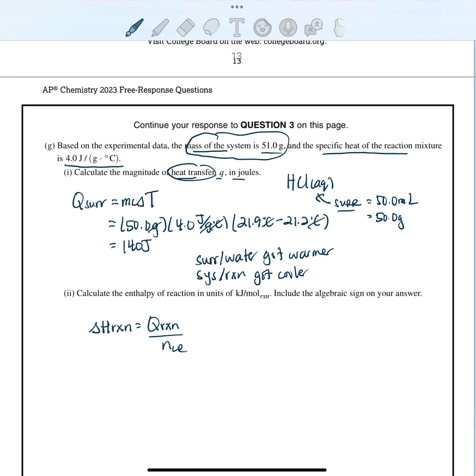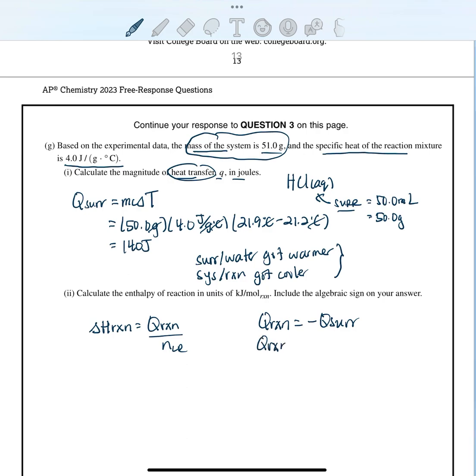I already wrote down the formula I need. Enthalpy of reaction, delta H rxn, equals Q of reaction divided by the moles of the limiting reactant. Let's do some work on the side. How do I find Qrxn? That's not too difficult because I already solved Q surroundings. Qrxn equals negative Q of the surroundings, because if the surroundings gained energy, the system loses energy.